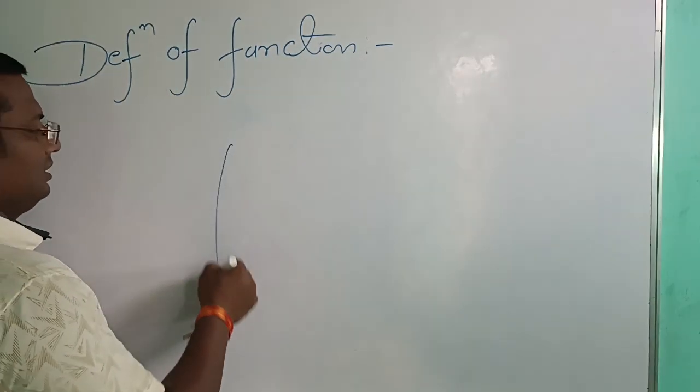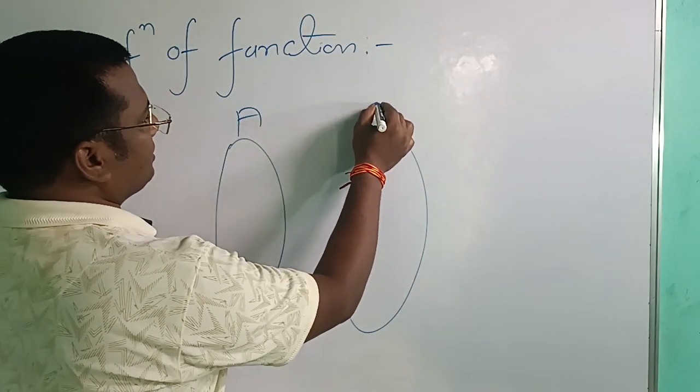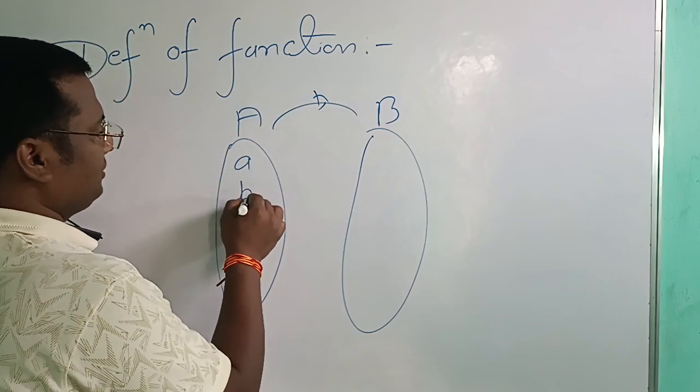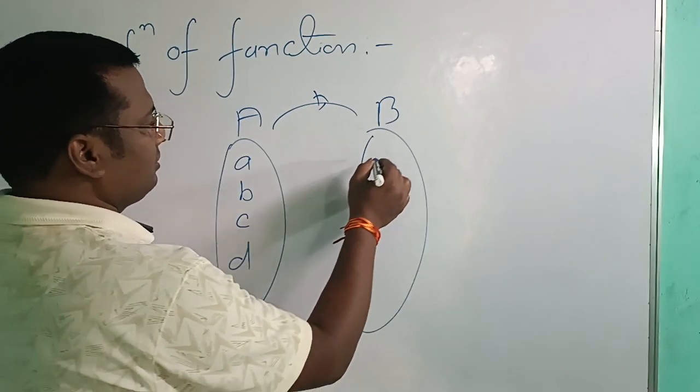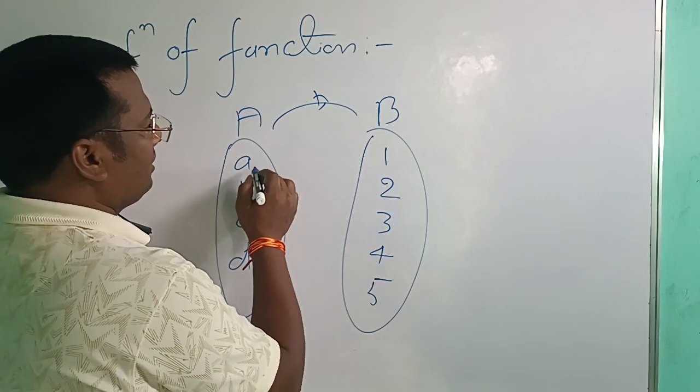Now let us consider this is set A and this is set B. A has elements a, b, c, d, and B has elements 1, 2, 3, 4, 5.